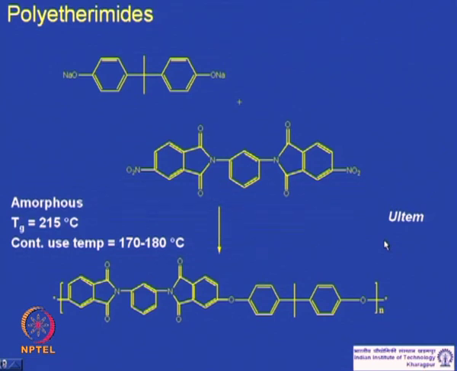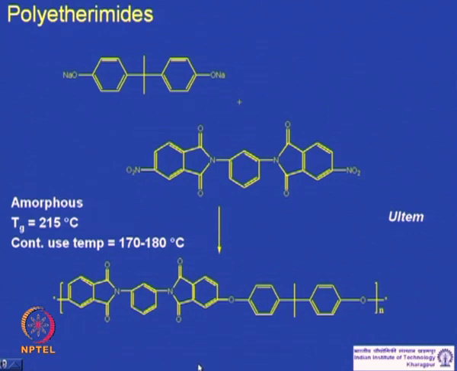They are amorphous, Tg is as high as 215 degree centigrade, and their constant use temperature is between 170 to 180. So, if the application requires that the polymer should be present at this high temperature, you can use Ultem as your material.